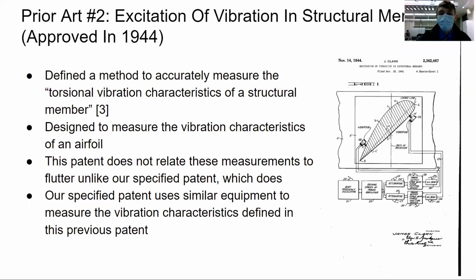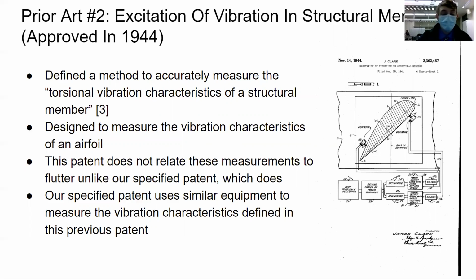The difference between this and our specified patent is that this patent didn't relate it to flutter. It just looked at the vibration characteristics of the airfoil or wing, and didn't specify flutter as an issue. Our specific patent uses sensors that are very similar to the equipment specified in this piece of prior art.